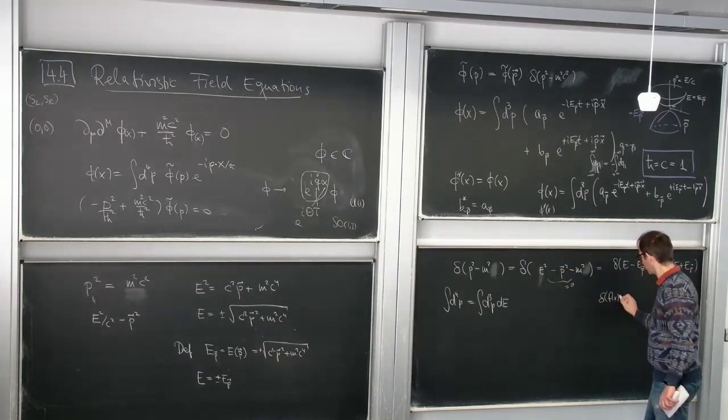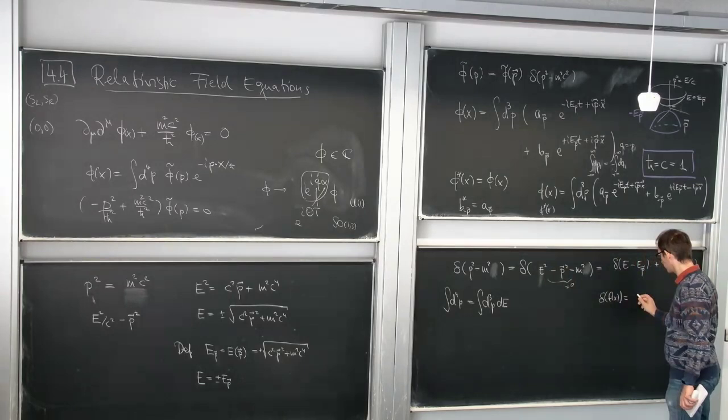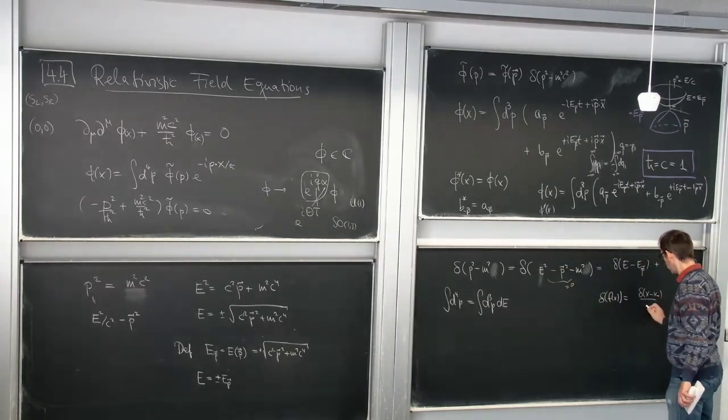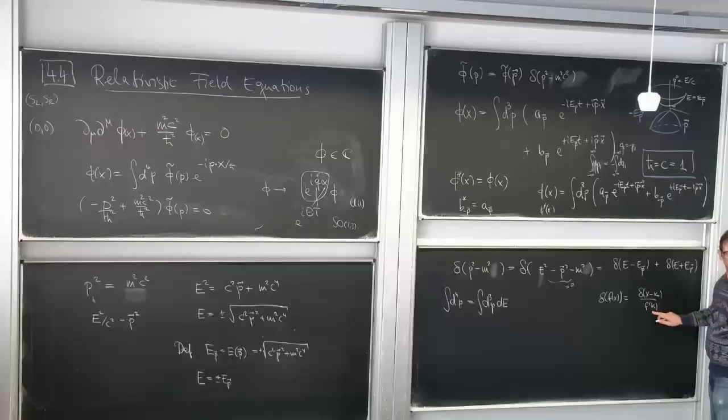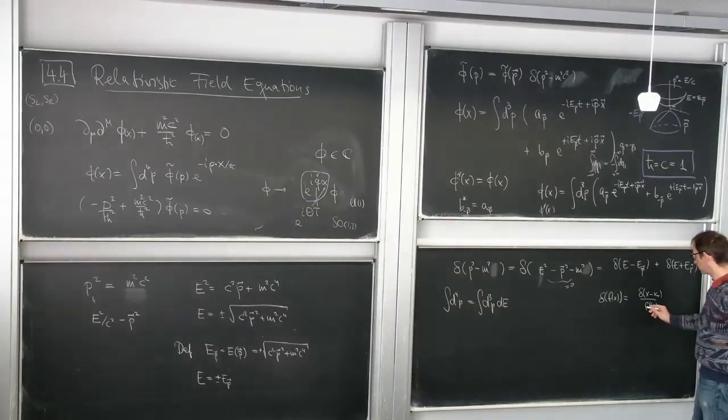Delta f of x is delta x minus x0 divided by f prime of x0, when x0 is... did you do that? No. Oh, then this is something we will learn next tutorial, I guess.